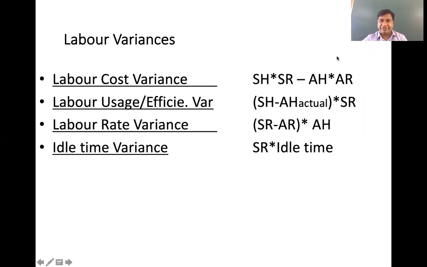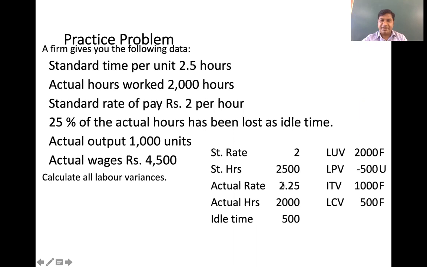Okay, look at this. Standard hours minus actual hours into standard rate, right? The standard hours 2,500, actual hours 2,000, into standard rate. 2,500 minus 2,000 is 500. 500 into 2 is 1,000.